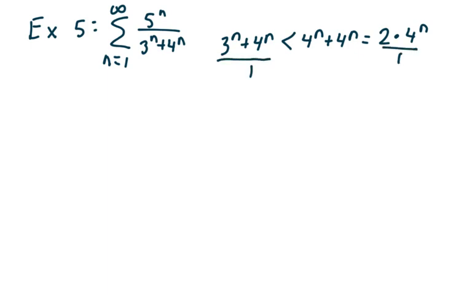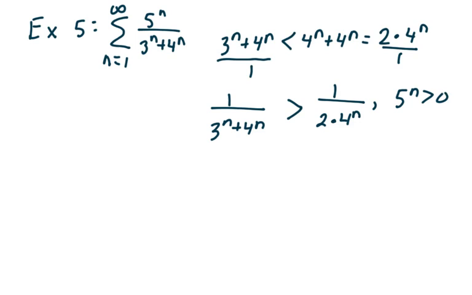So what I'm going to do is take the reciprocal. So 1 over 3 to the n plus 4 to the n is bigger than 1 over 2 times 4 to the n. Now remember, 5 to the n is positive for all values of n, right?